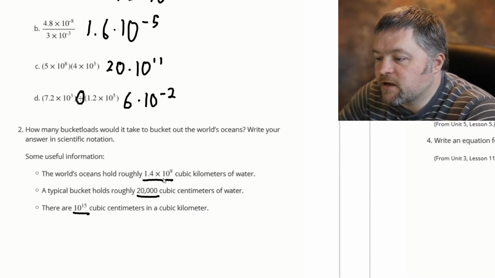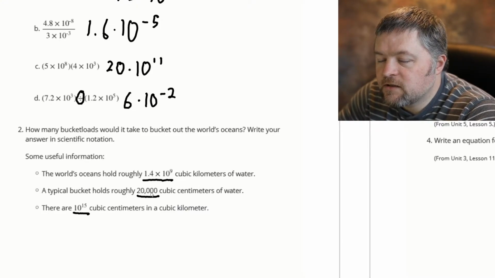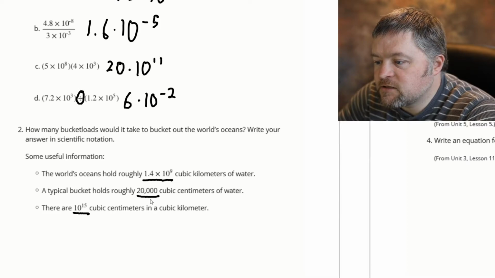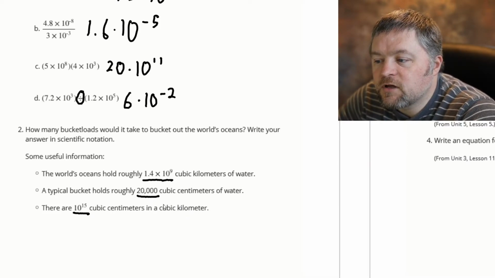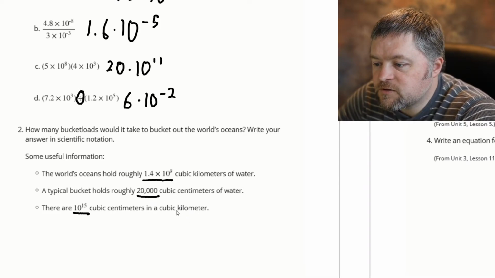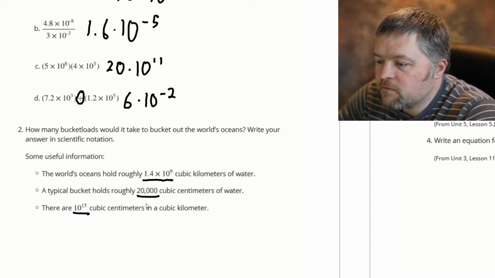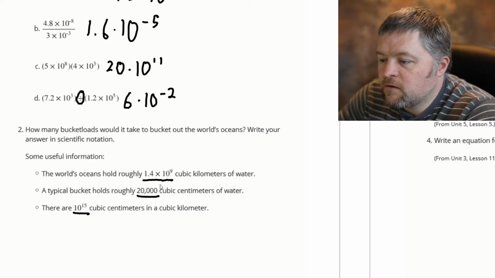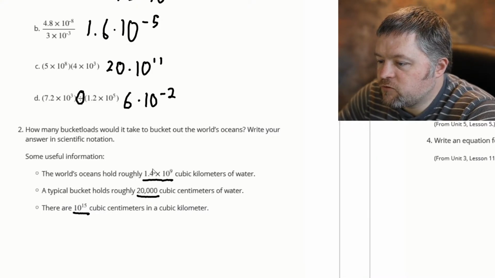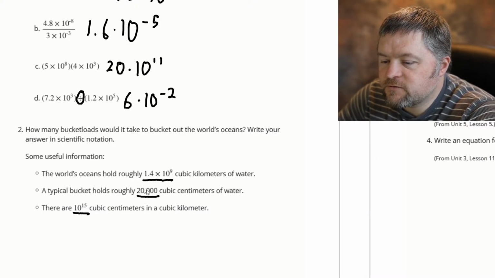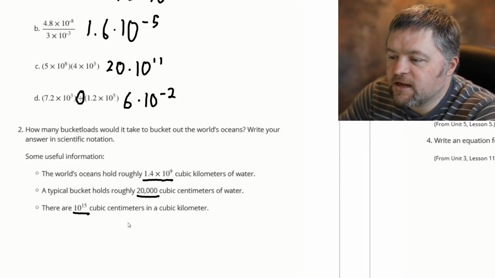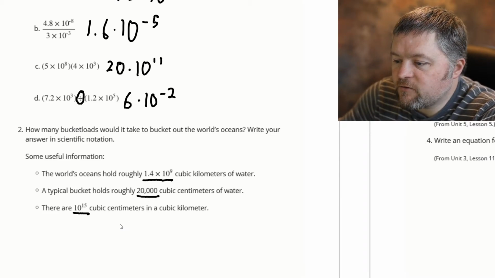This is cubic kilometers. This is cubic centimeters. So we have to convert one of those. Which one do we want to convert? Well, this one's not in scientific notation yet anyway, so let's start out by doing that.